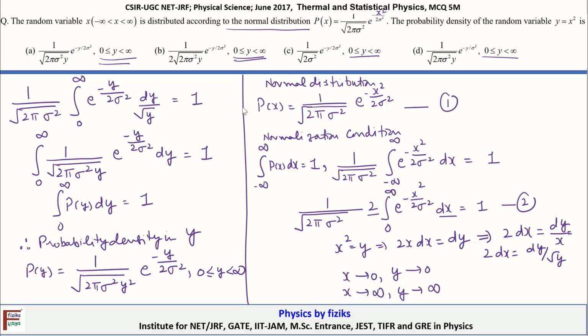So the correct option is which one? This is A, exponential 1 upon 2 pi sigma square. Not A also. Sorry, it's y, not y square. So with this it's minus y upon 2 sigma square. Yes, this is A. So A is correct here.